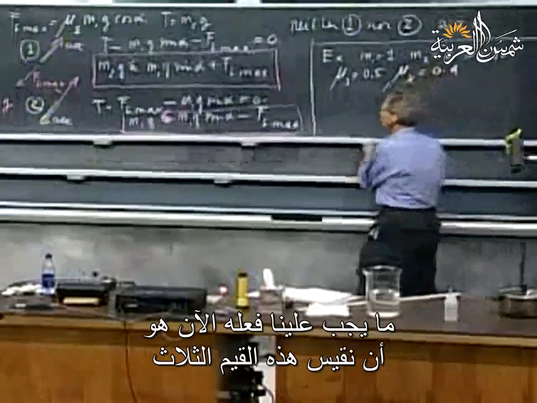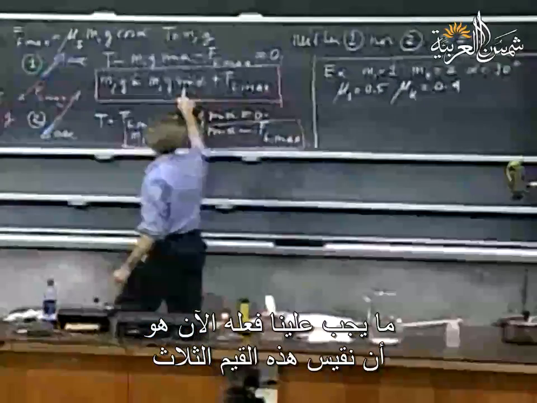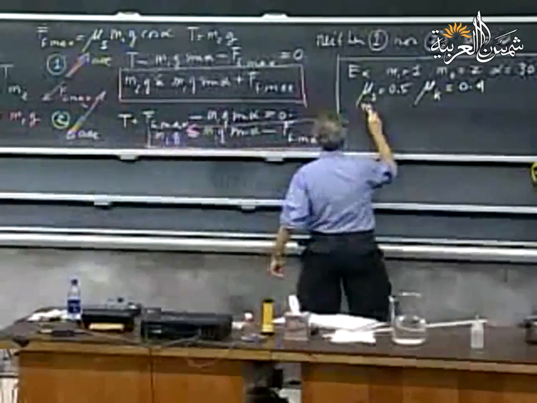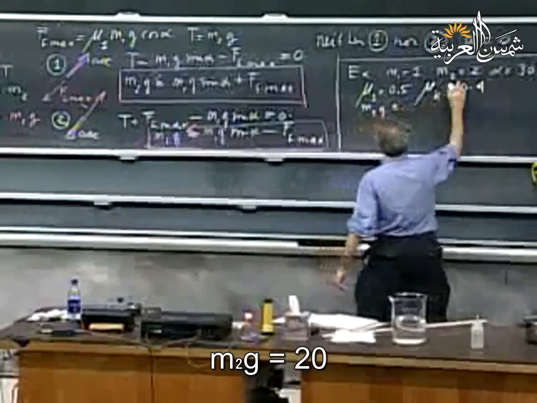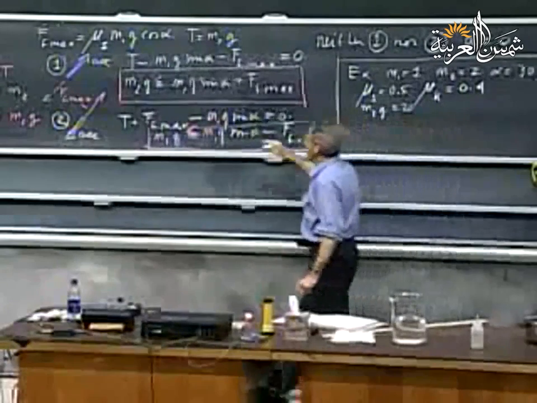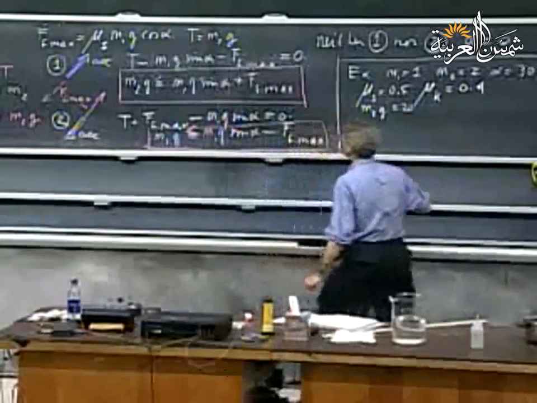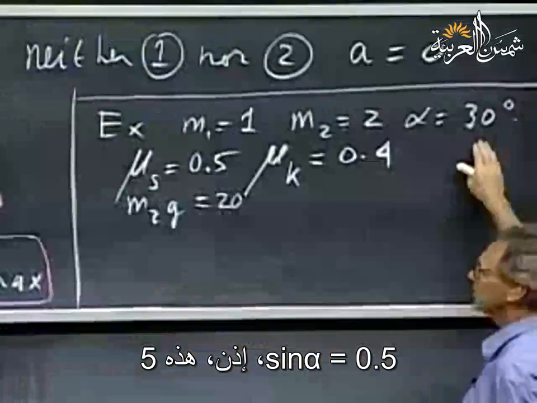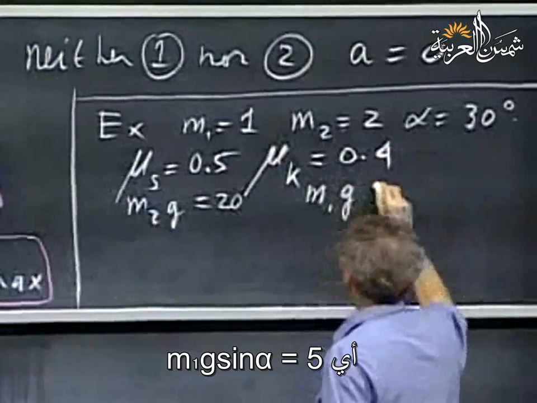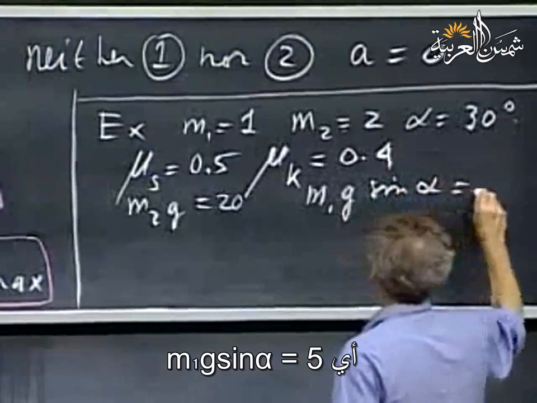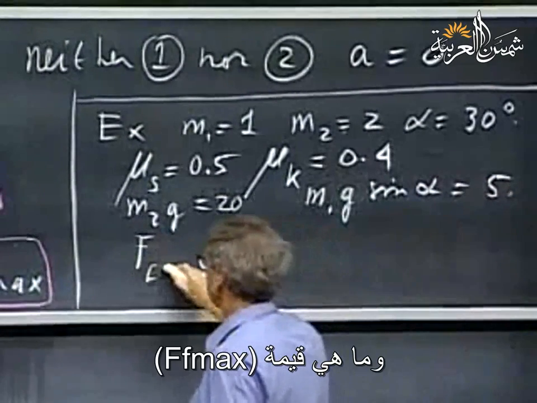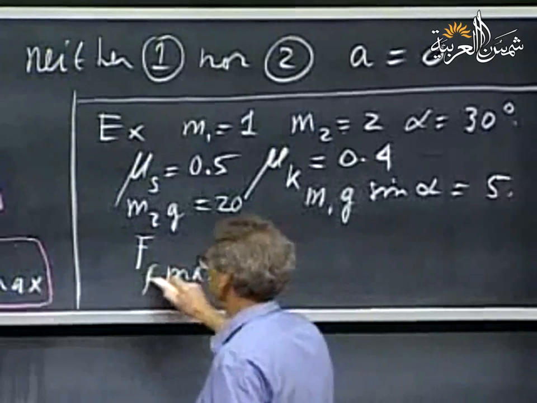What it comes down to is that we have to evaluate these three terms. Let's first take m2g. m2g equals 20. We'll just take for g 10, that is just easier. m1g sine alpha, the sine of alpha is a half, so that is 5. m1g sine alpha equals 5. And what is f max?